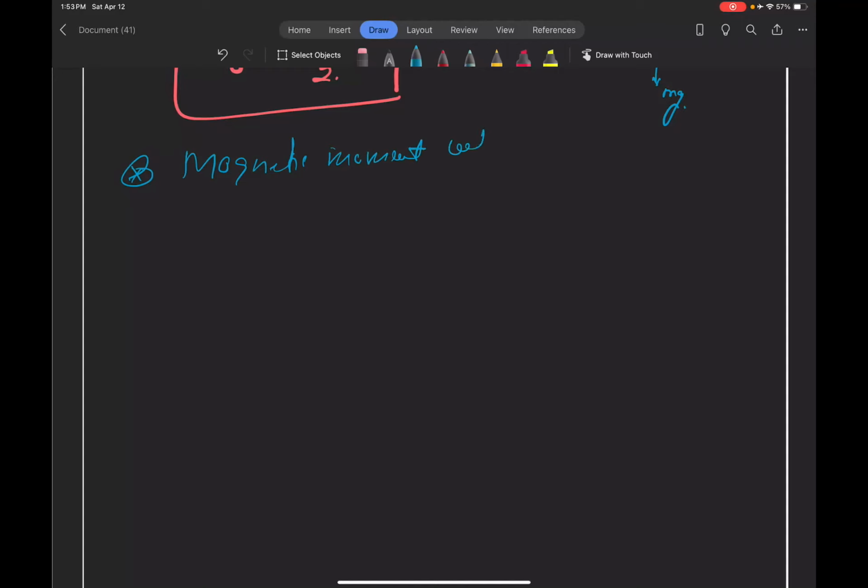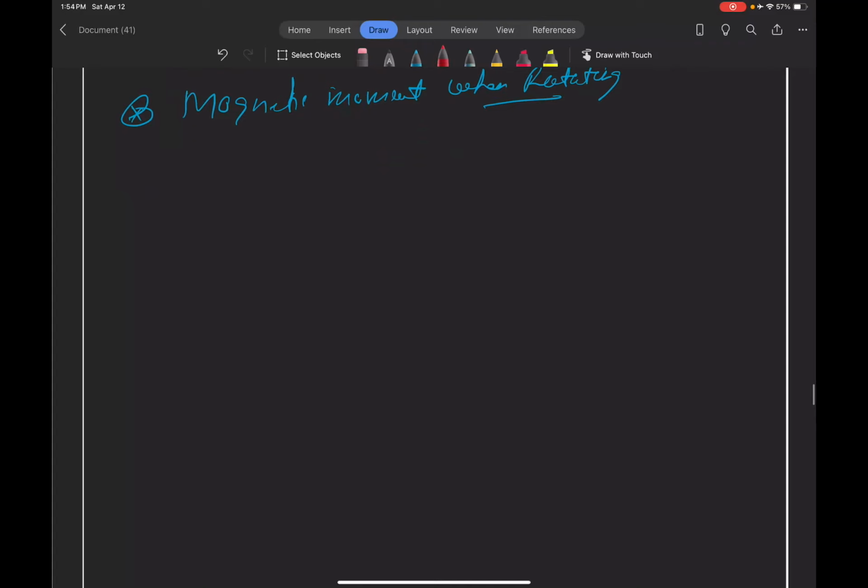When rotating, so therefore we can say our current I will be equal to charge over time.